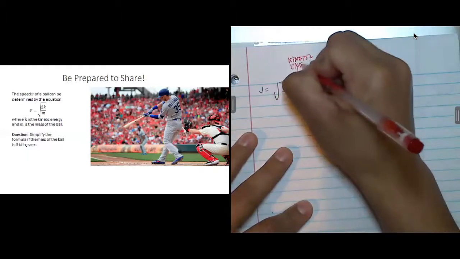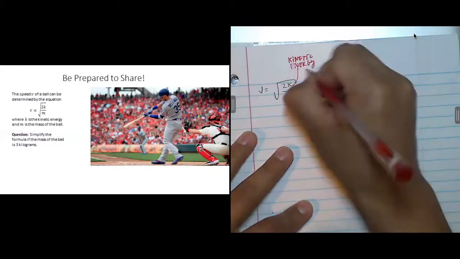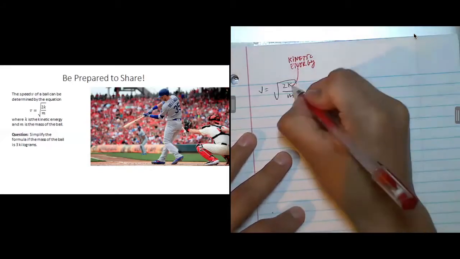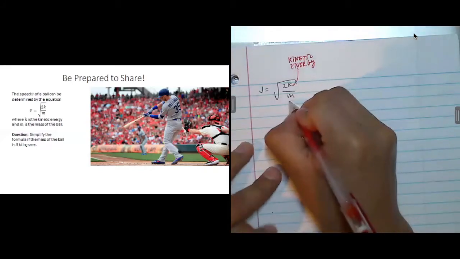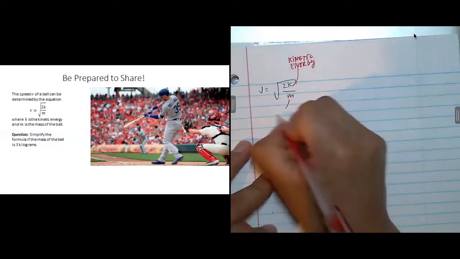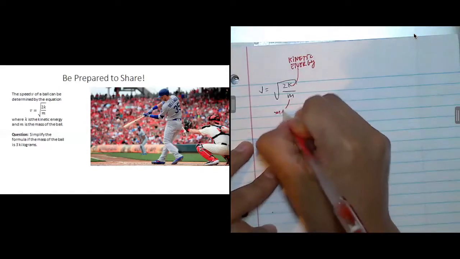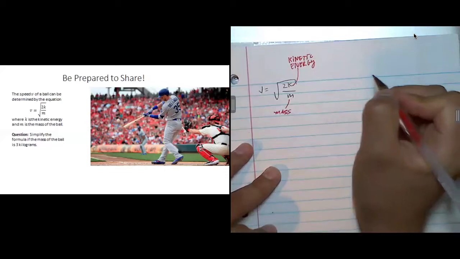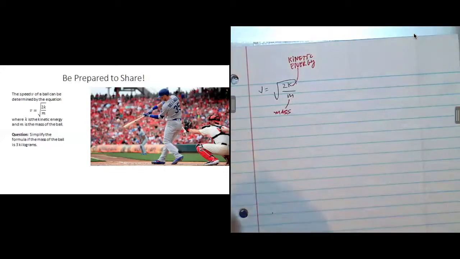You may or may not be familiar with that. It's just a unit for energy, right? And m, the text also says, is mass.